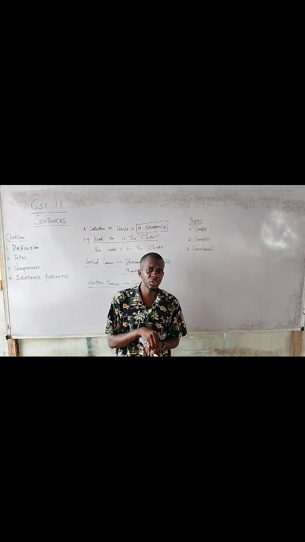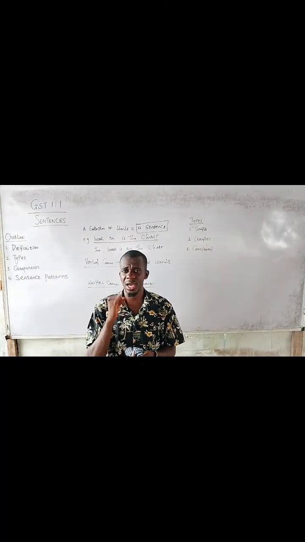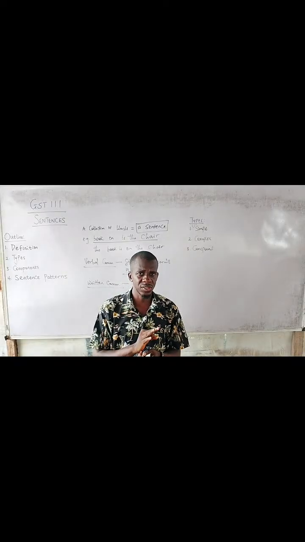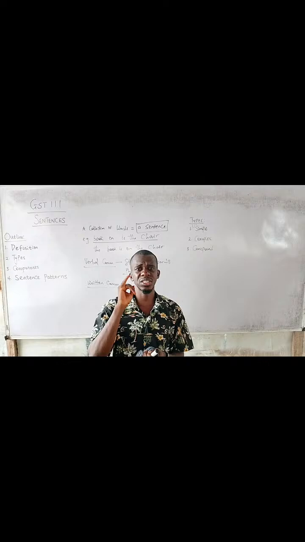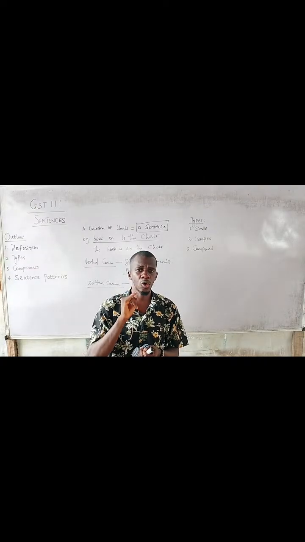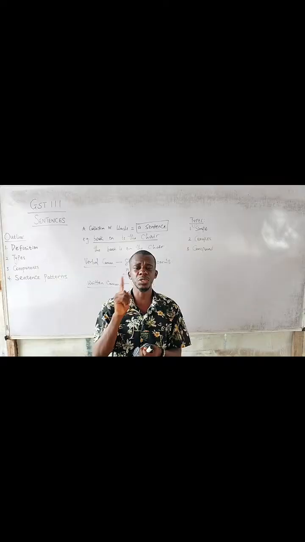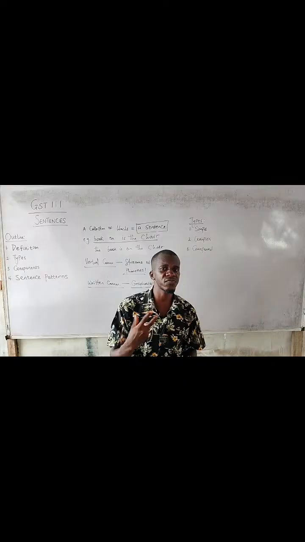A finite verb, on the other hand, is that verb that can be affected by time, affected by number, affected by persons. Simply put, when we say a finite verb is affected by time, we simply say that that verb can show what we call tense. That is, the verb can possess what we call inflectional forms.